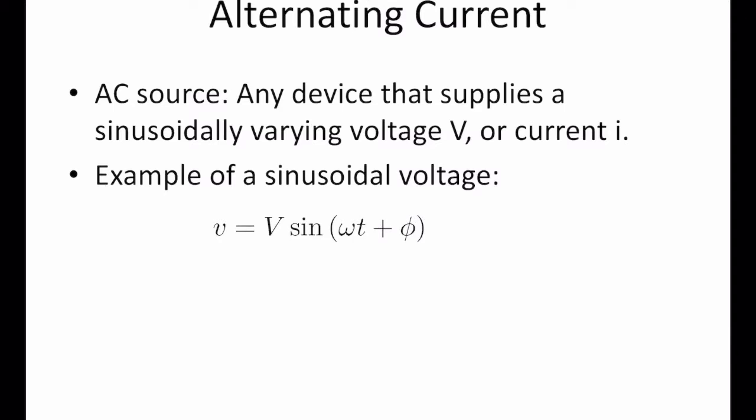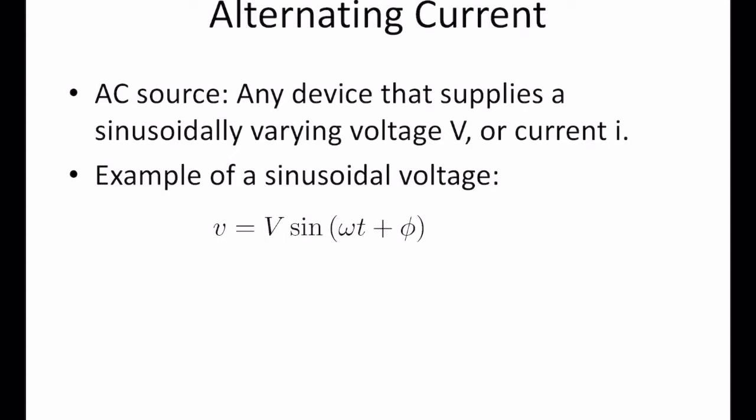Now compare that with the types of batteries that we've been talking about so far in the course. All of our batteries provide a fixed voltage. So you have a 6-volt battery or a 24-volt battery. And also the current that it provides is fixed, unless you've put a capacitor in the circuit or something like that. But if you just have the battery and the resistors, then you have a fixed current.